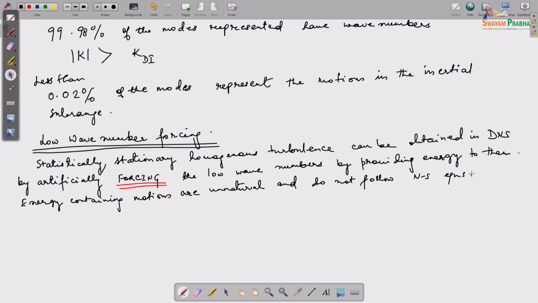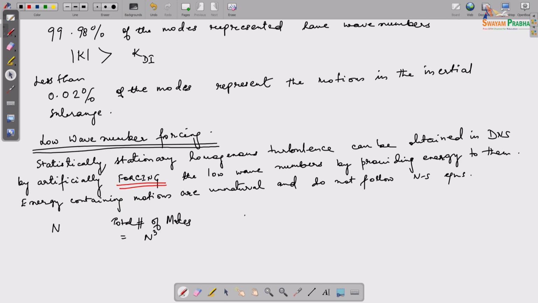say n is the number of modes in each direction. Then the total number of modes is n cube, okay?